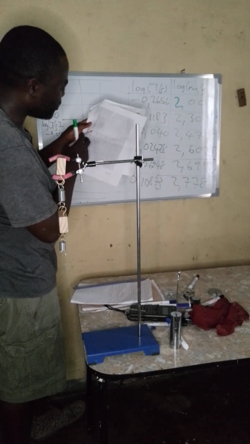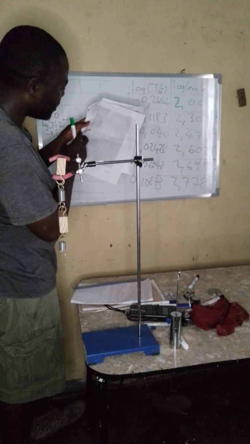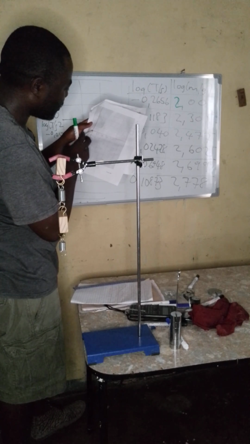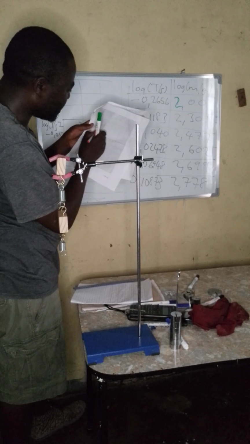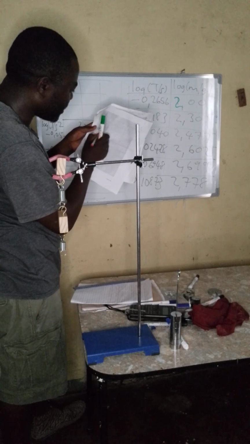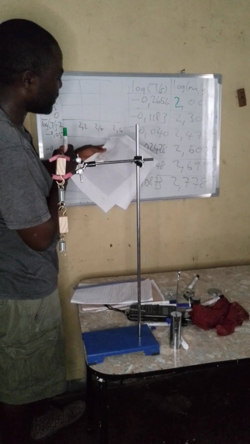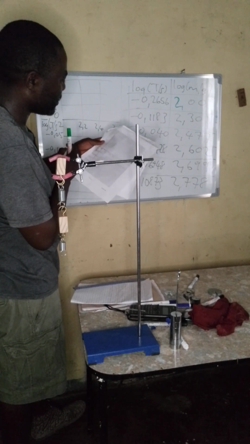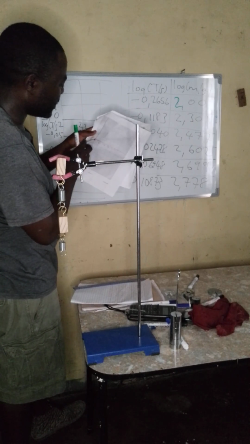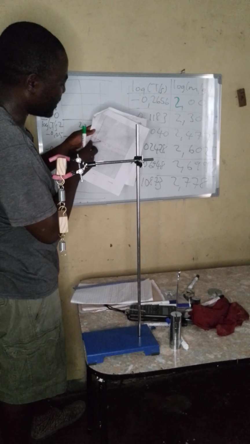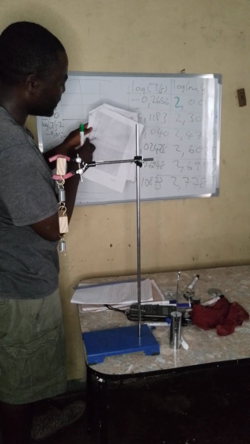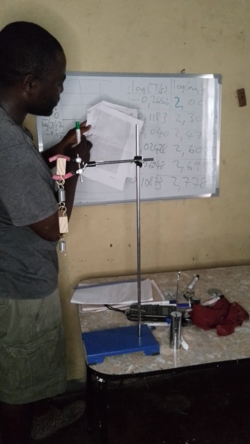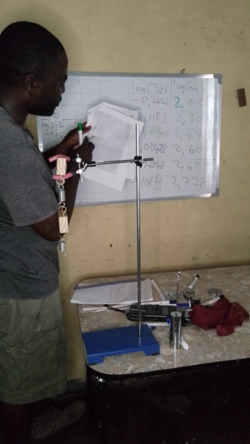So the center will be 2,1. There are 10 boxes, so at the 50th box it should be 2,1.